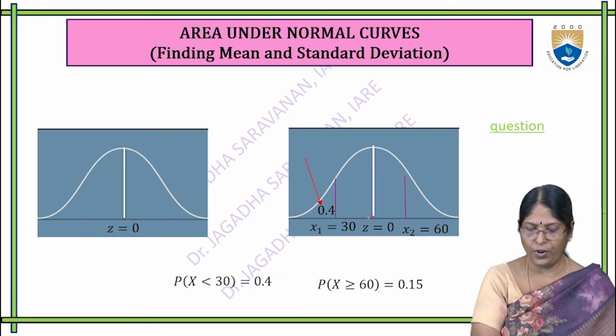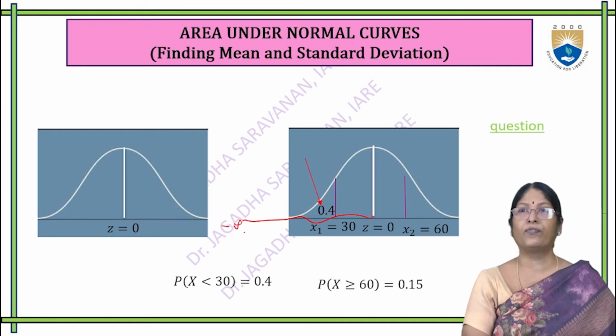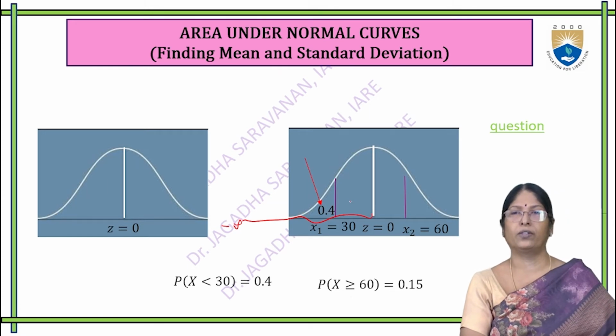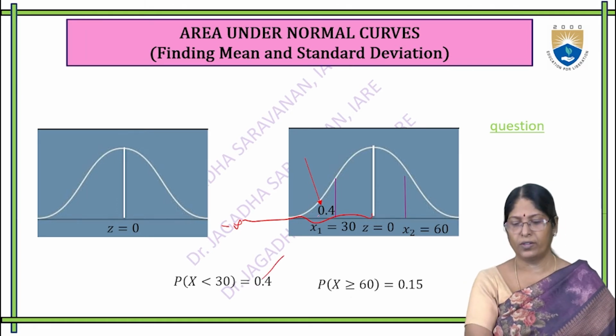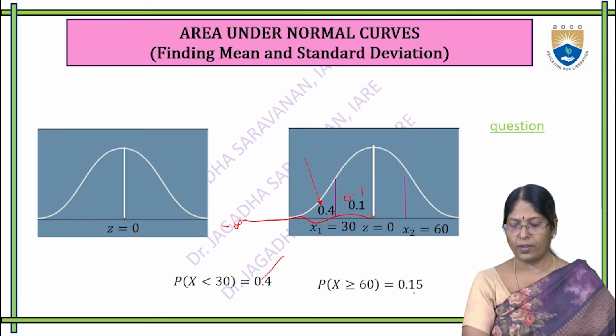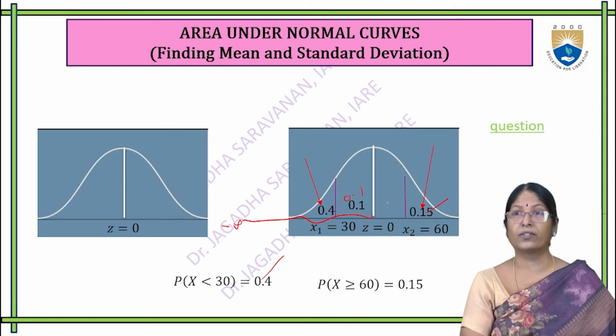We know this goes from 0 to minus infinity, and the total for that half section is 0.5. Already the question dominates 0.4 area, so the leftover is 0.1. Here, 0.15 is this area, that is, the leftover here is 0.35.